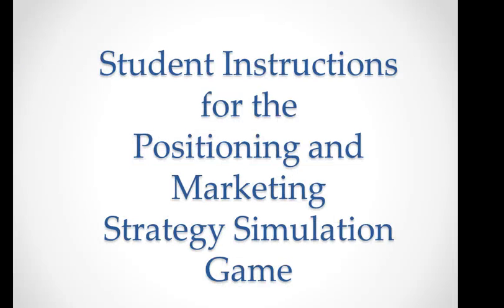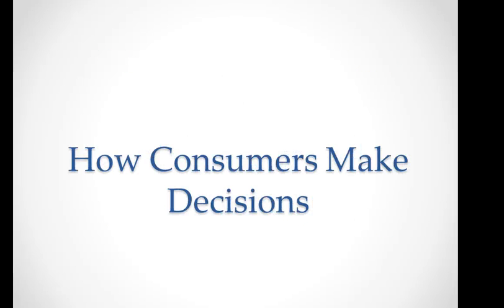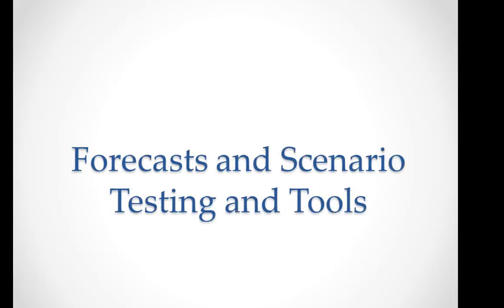Okay, so that's all the details on the simulation game. Remember, we've looked at how consumers make decisions, the various 4 factors, and how the segments will change in size over time. We looked at how you fill in the decision sheet and how you've got to watch your budget spend. We looked at using the forecast and scenario testing against a small competitive set, and even mapping out the future of the product.